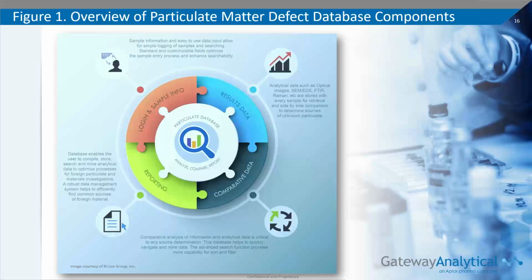We have login and sample information, which is critical. Results: we need to be able to take all these different types of analytical testing and results and put it into one location. And then also have the ability to take that data and compare it to other samples and other information so that we can draw some conclusions, and then we'll move on into the reporting phase of the program.